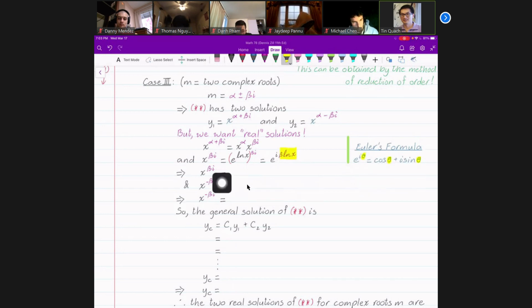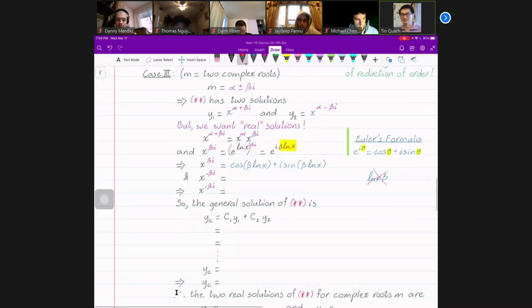So this is going to be cosine of theta, which is beta ln x, plus i sine of theta, which is beta ln x. Please don't write ln x and then beta, because it's harder to read when you write that way. Don't write like that.